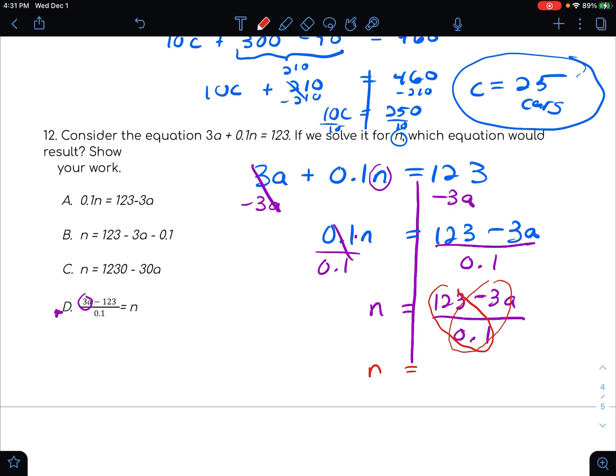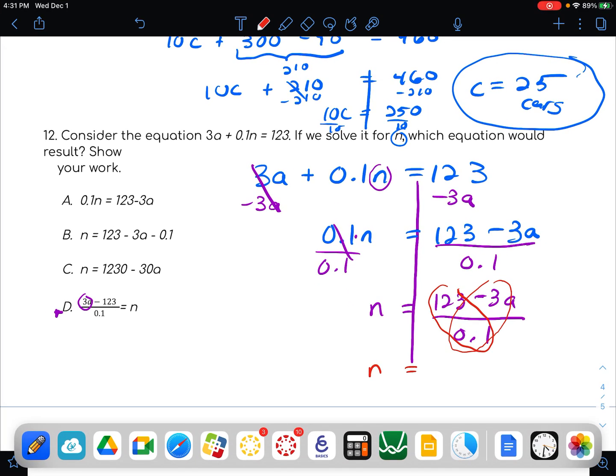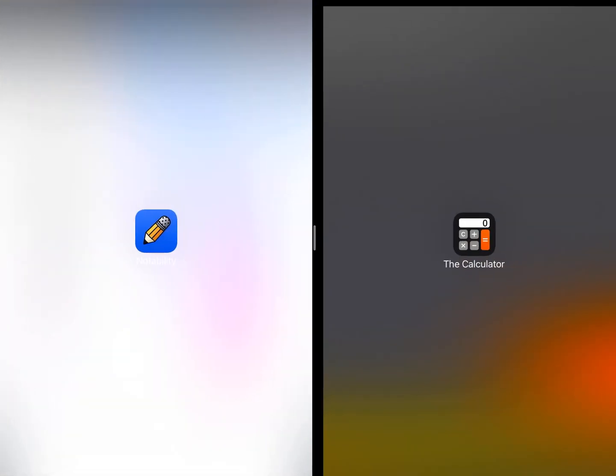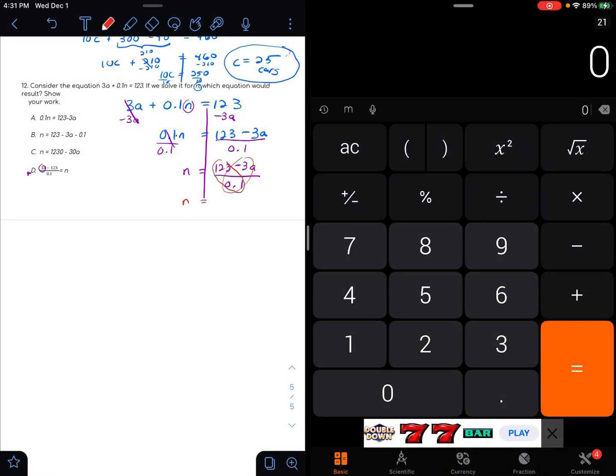So 123 divided by 0.1. Let's just punch that in just to make sure that we've got the math right here. So 123 divided by 0.1 is 1230. And then 3 divided by 0.1. Technically it's negative 3 divided by 0.1, so that'd be a minus 30a.